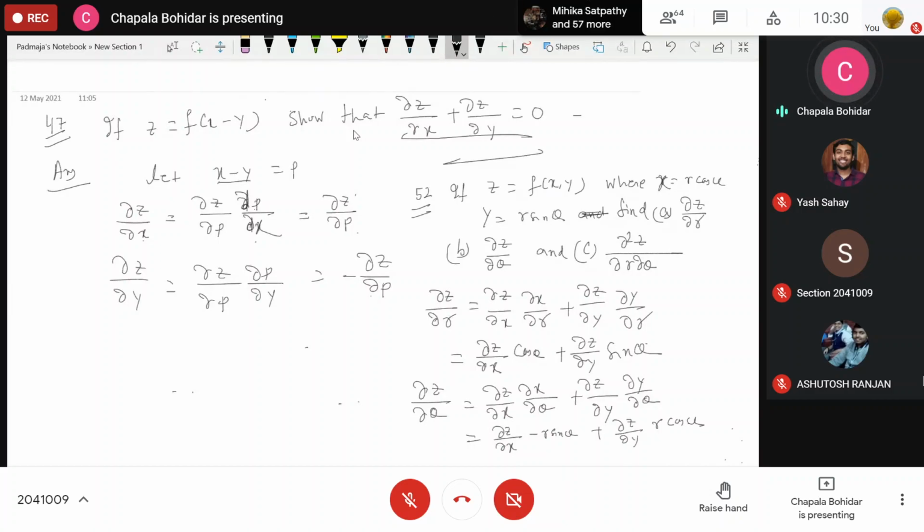Now differentiate this with respect to theta again, or you differentiate the other one with respect to r again, to get this. We know it is equal to del square z by del theta del r. So you can use this one to differentiate with respect to theta, or you can use this one to differentiate with respect to r. Clear?